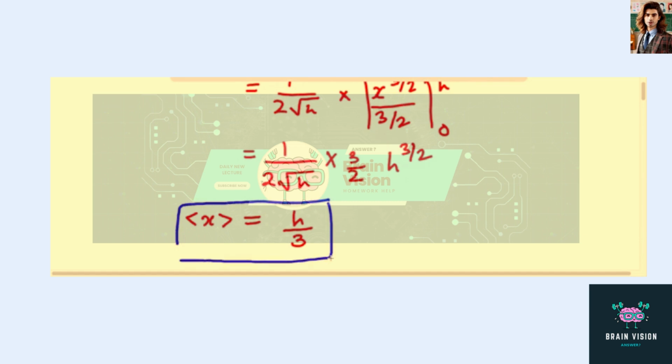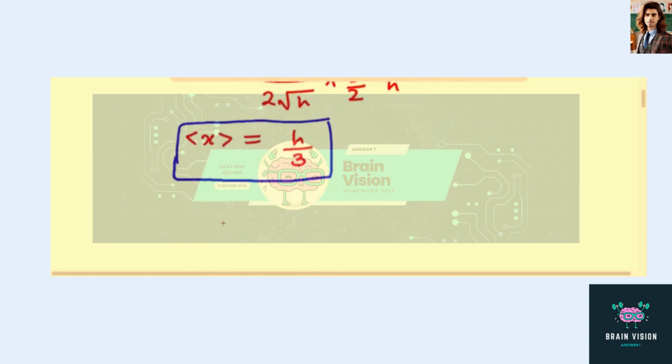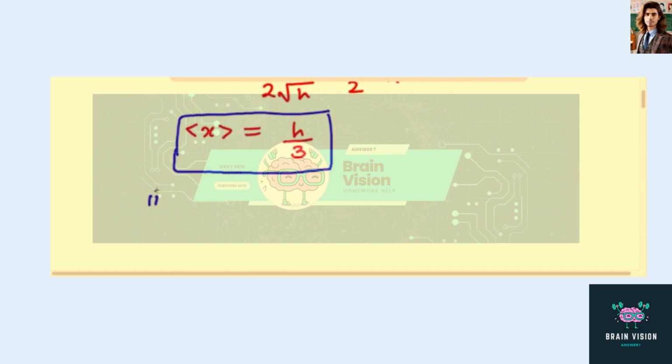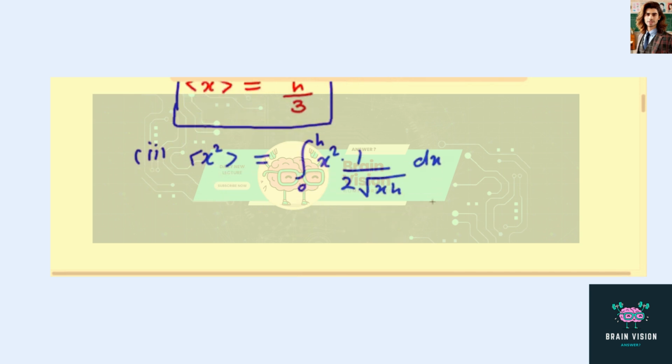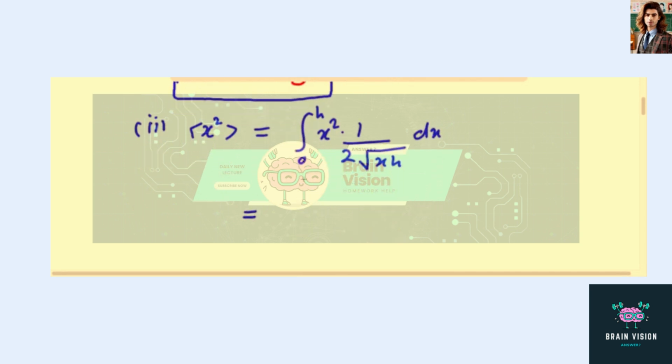Now let's find the average value of x square. Second part of a: x square is equal to the integral 0 to h of x square into 1 by 2 square root of x h dx, and do the same as the previous problem.